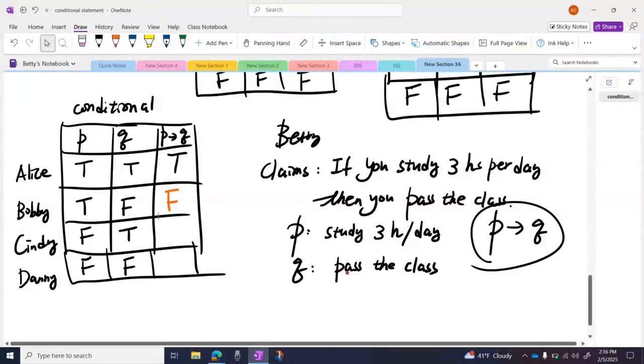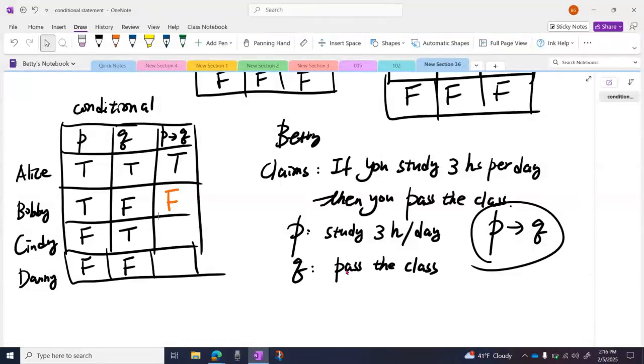Here, maybe it sounds a little weird. I need you to see that in Cindy's case, my claim is not logically wrong, because my claim gives an antecedent.